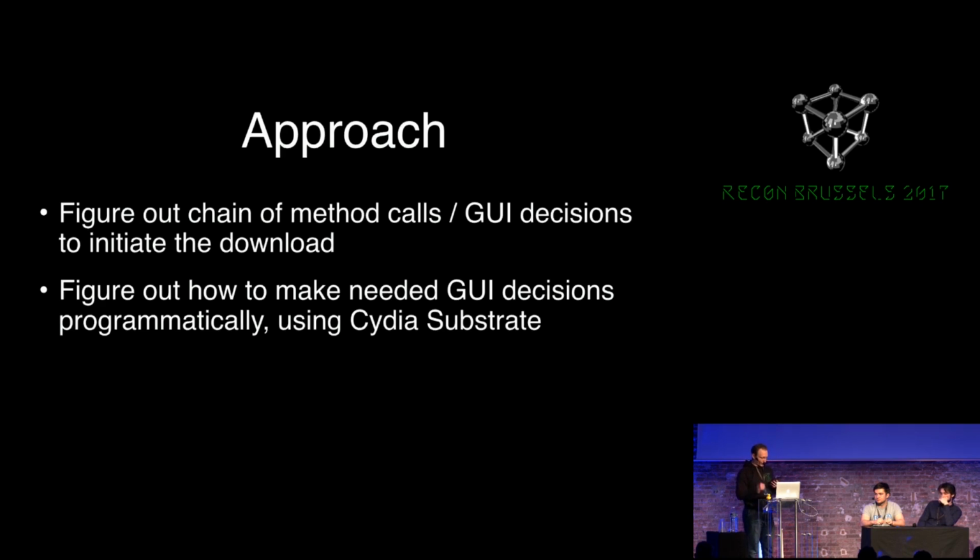So we decided to go with the highest level possible and just use the graphical interface when convenient. That means that now we need to first figure out a chain of method calls and GUI decisions to initiate and manage the download, and then figure out how to make the needed GUI decisions programmatically.